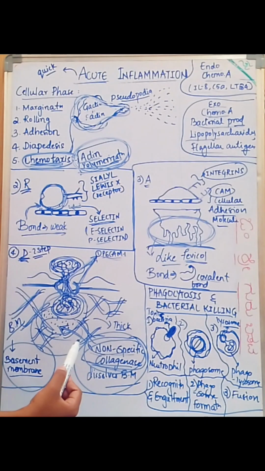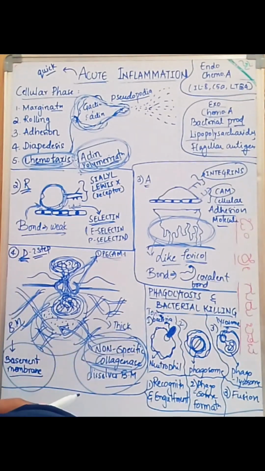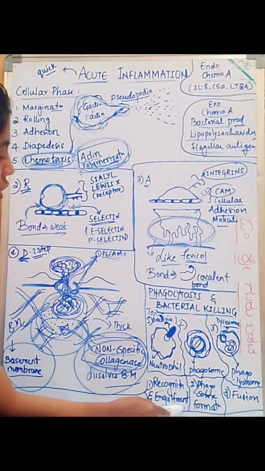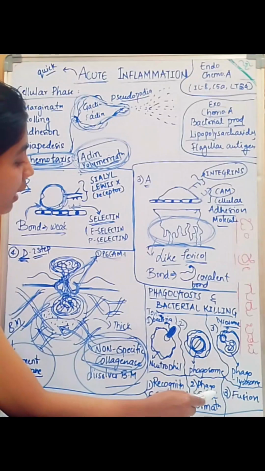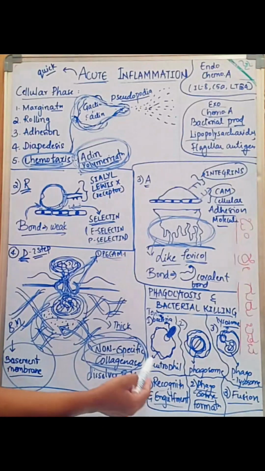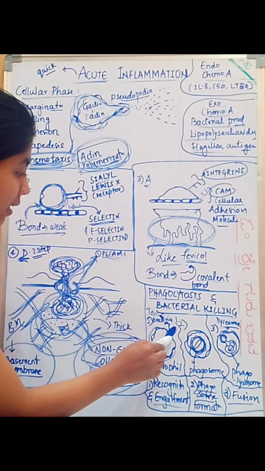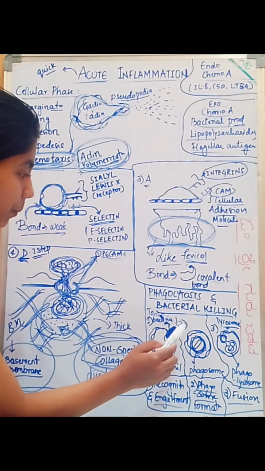So now, we will study about the phagocytosis and the bacterial killing. There are three steps in the phagocytosis and the bacterial killing. The first one is the recognition and engulfment. Second one is phagosome formation. Third one is fusion. So here, as you can see, this is the neutrophil and this is the toxic bacteria.